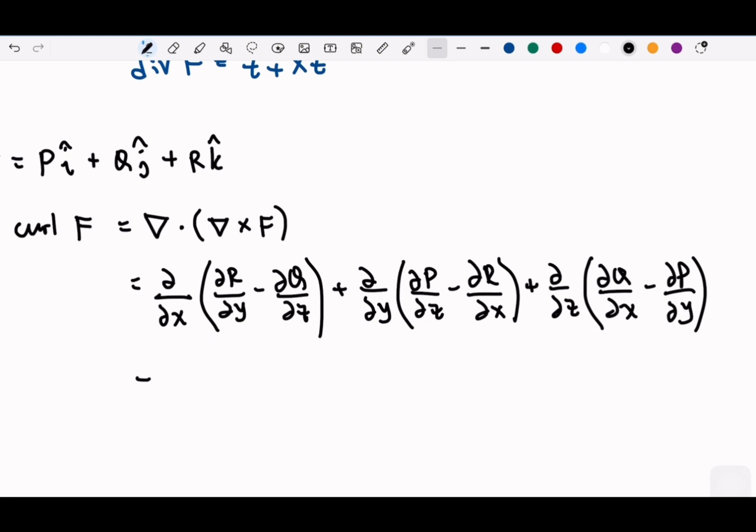Now we have the second partials, because we have the partials inside from the curl, and then we take another partial and add all the terms.